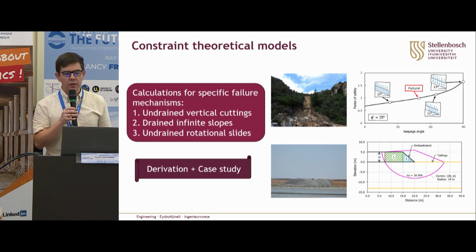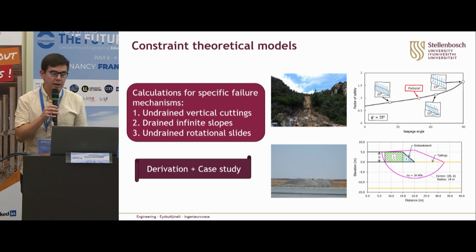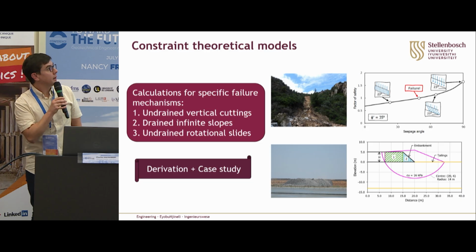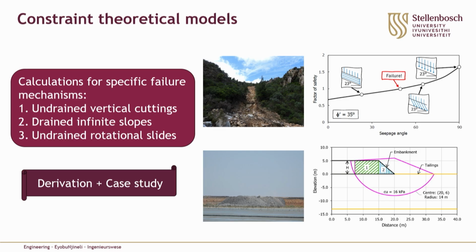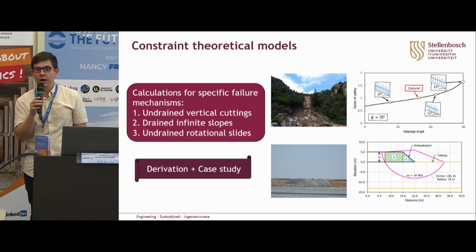The second example that we use for undrained rotational slides: a mine in Botswana decided to build a causeway over a tailings deposit, and so they deposited that 14-meter high embankment in about a month.